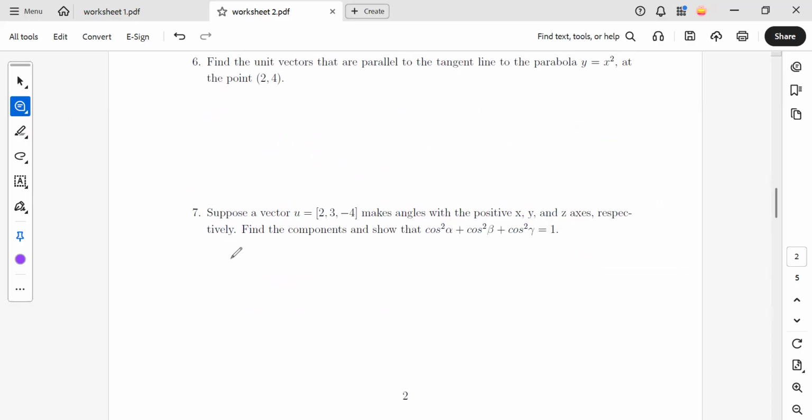Find the components and show that cosine squared of alpha, beta, and gamma, when they add up, you get 1. So as a reminder, cosine of alpha was the first component divided by the absolute value. Cosine of beta would be the second component divided by the absolute value, and cosine of gamma will be the third component over the absolute value.